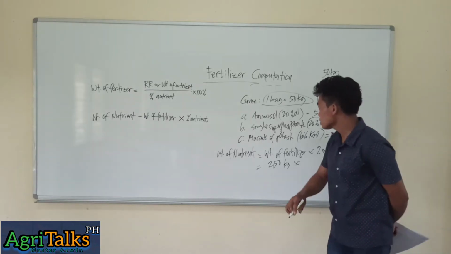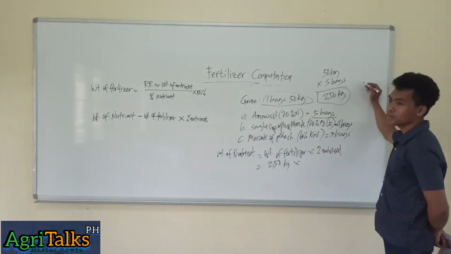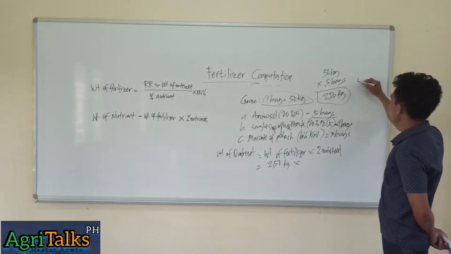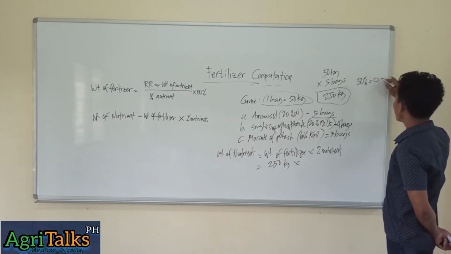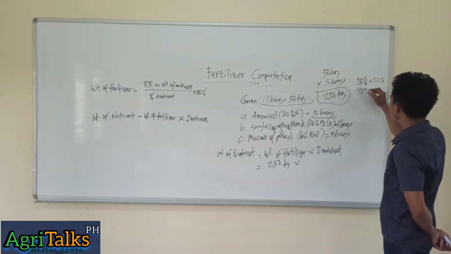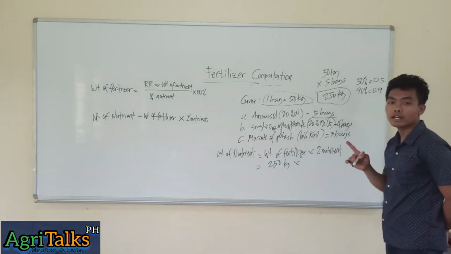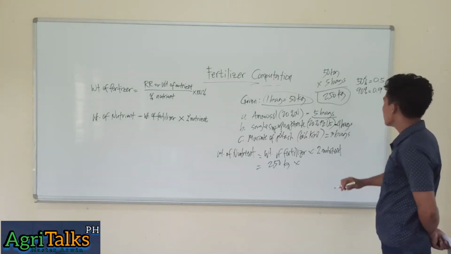percent nutrients. So guys, if we have this percent nutrient, for example, if we have 50%, that is equivalent to 0.5. Or if we have 90%, that will be equivalent to 0.9. How does it happen?